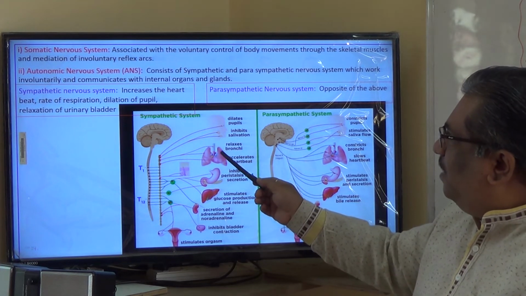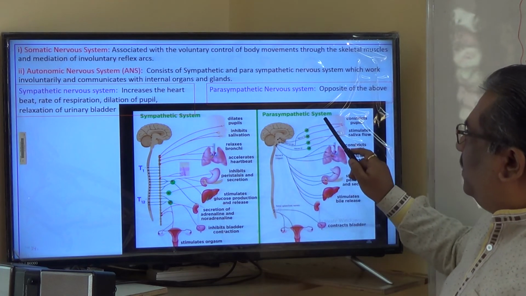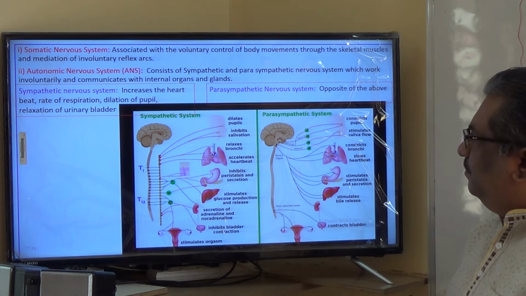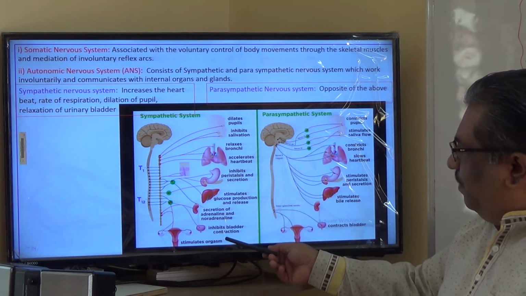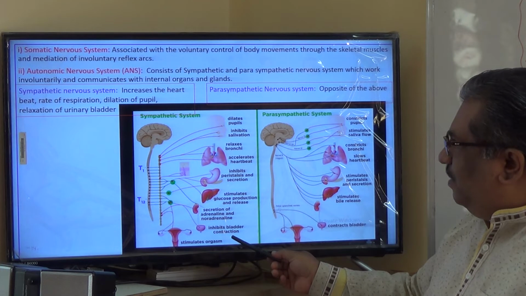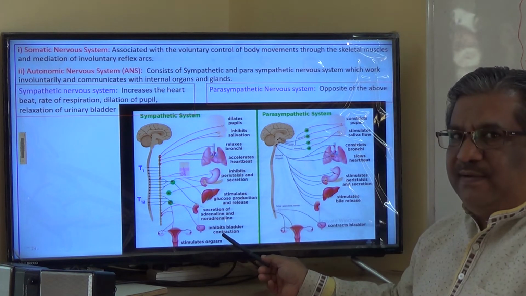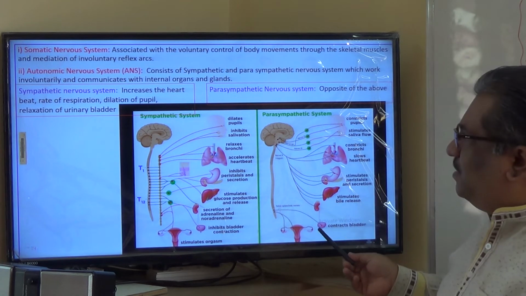Relaxation of the bronchi is caused by the sympathetic system. Parasympathetic system contracts the bronchi. And here another one, sympathetic inhibits bladder contraction. Sympathetic system relaxes the bladder, whereas parasympathetic contracts the bladder.